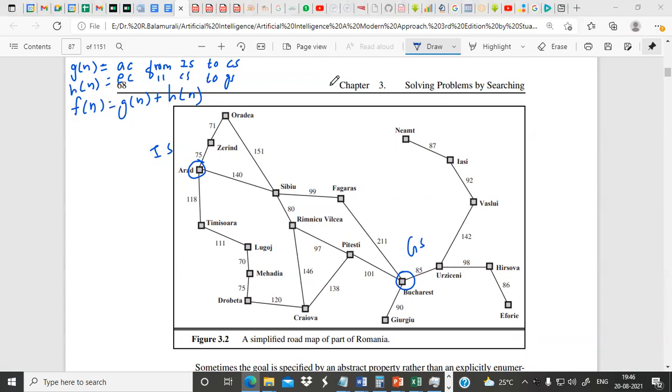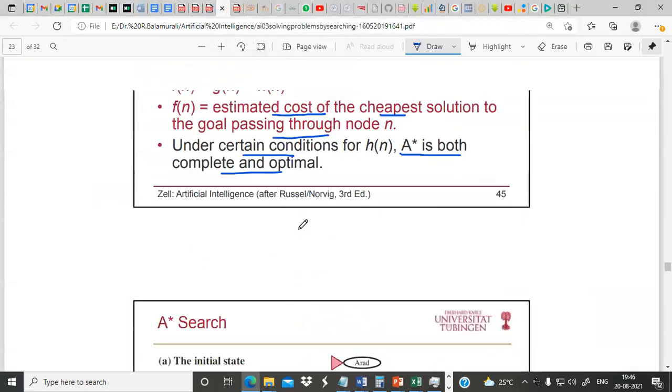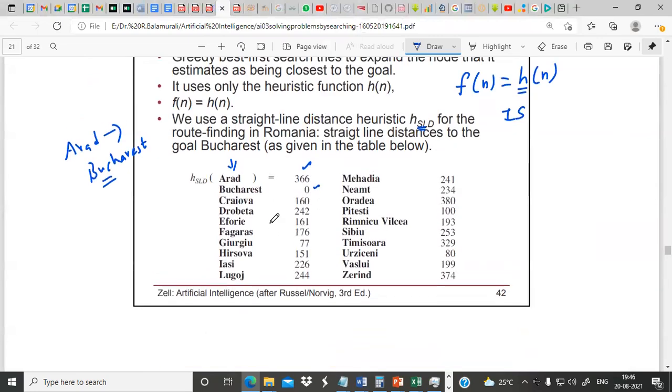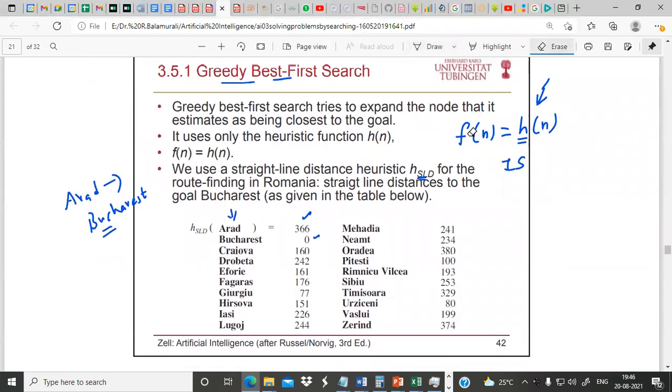That is our assumption. For these problems, we are assuming the estimated cost as the straight-line distance, which is given in this table, as we discussed in the last class. So the same h of n will use the straight-line distance from every city to Bucharest.